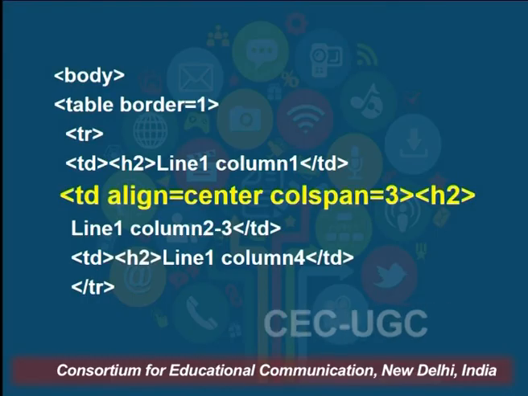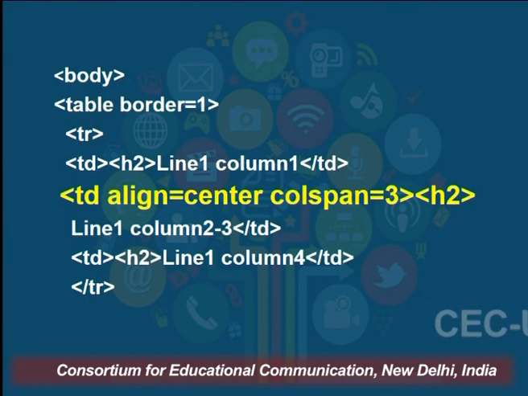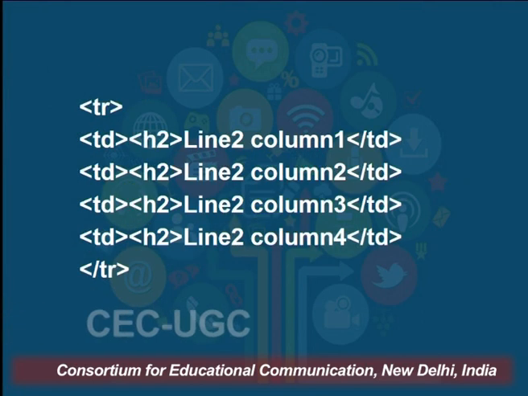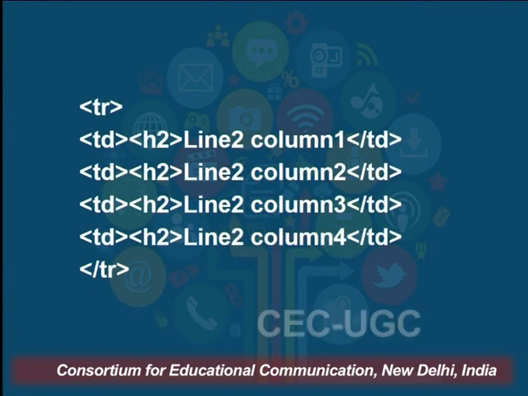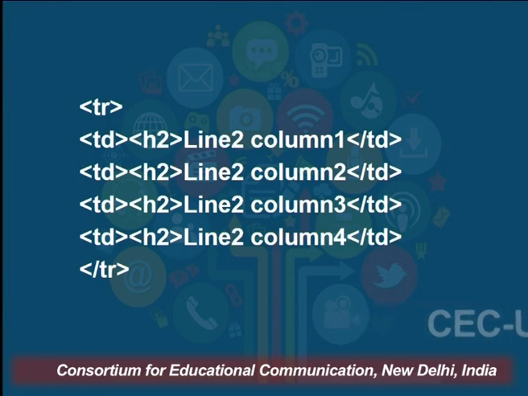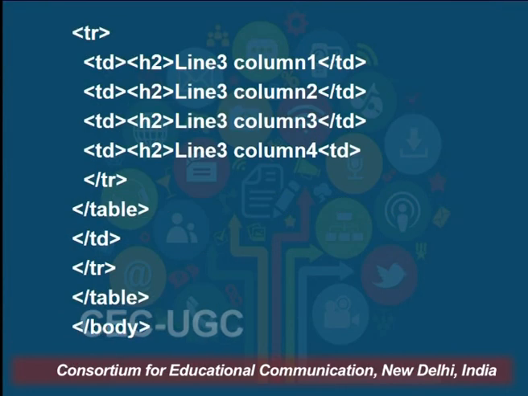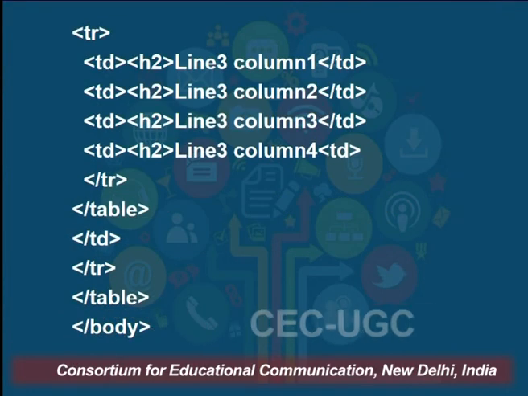And then for the next you write TD, and you can see line 1 column 4. This means that the second, third and fourth columns will be merged. In the following table rows it will follow the same thing, that is, all the columns will be created in the second row onwards.